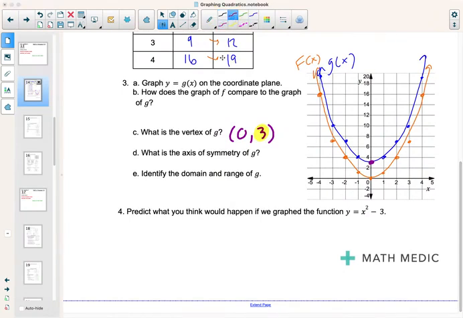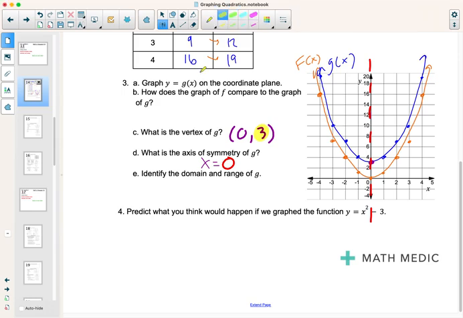So that is going to be x equals a number. Let's actually draw it in here. The axis of symmetry is right here. It's the line x equals 0. Again, we have seen this number before. This 0 is the same as that 0. They're the exact same thing.